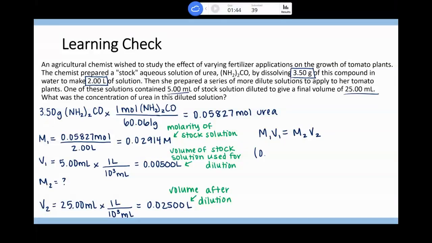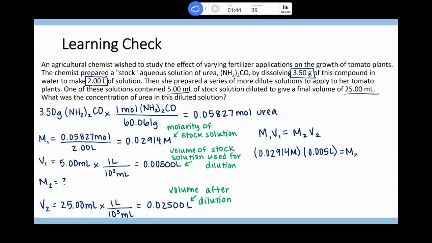So now we're just plugging in values. M1 is 0.02914 molar. V1 is 0.005 liters. I'm leaving off sig figs just to save room, but when you're going through, you might include all the sig figs so you don't lose track, or look back here to determine sig figs.